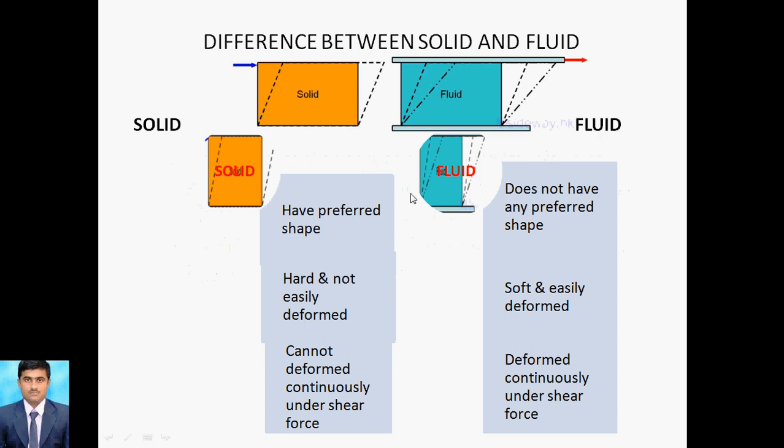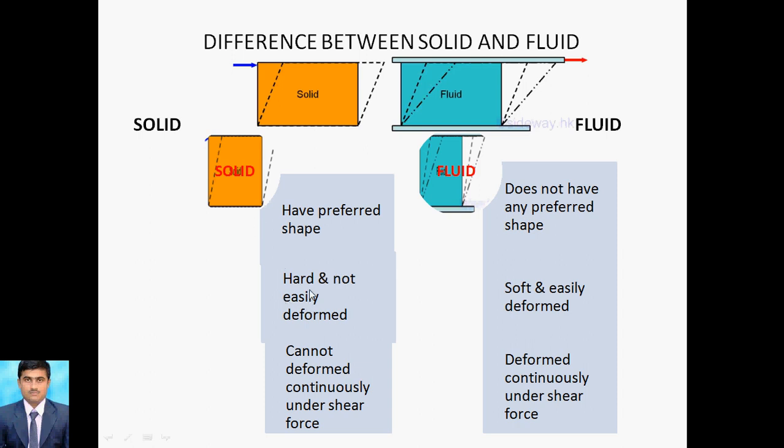The next point we discuss is the behavior of solids and fluids. A solid has a preferred shape because it has closely packed molecules, and a fluid does not prefer any shape because its molecular bonding is weak.